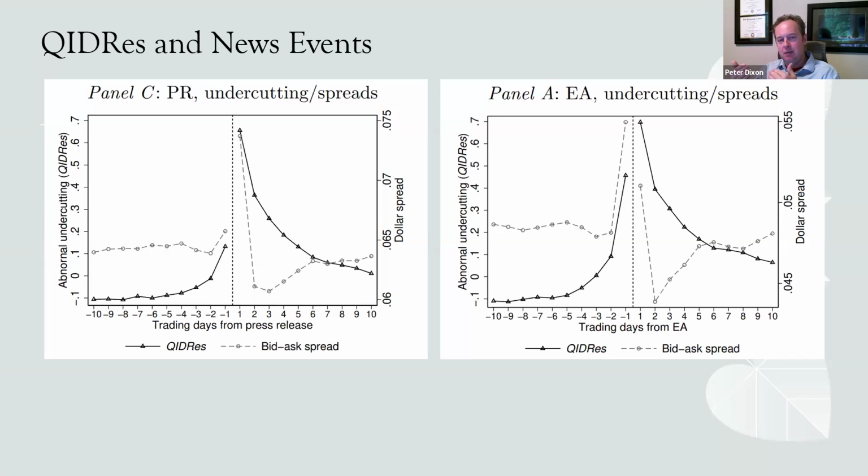We think this is interesting because, as we saw previously, the correlation between QuidRes and bid-ask spreads was effectively 0, except in periods when there are high amounts of informed trading. And so we see that QuidRes does a good job predicting informed trading. It shows a spike consistent with what we know about informed trading right around these earnings announcements.